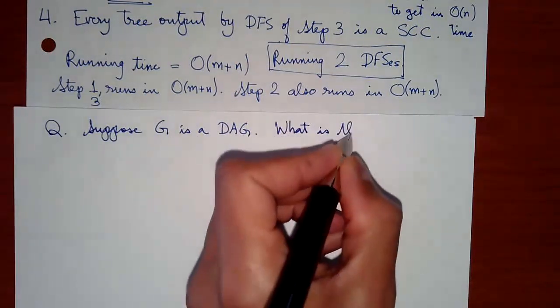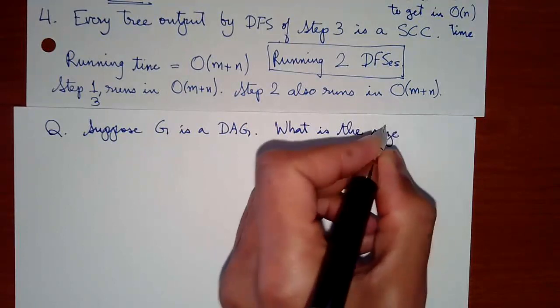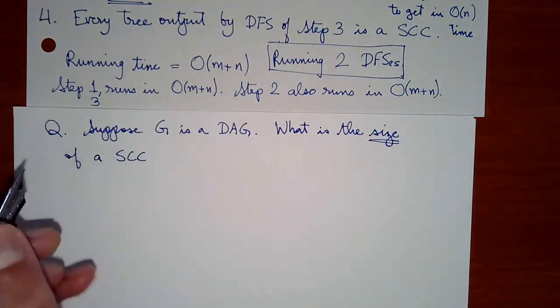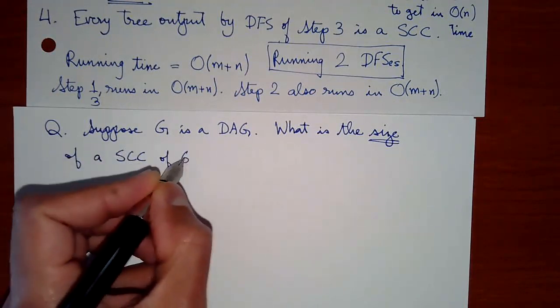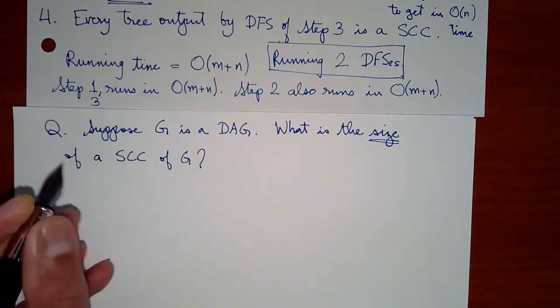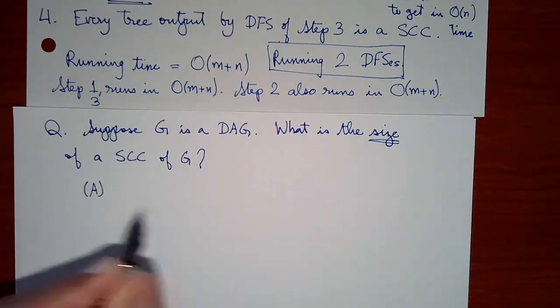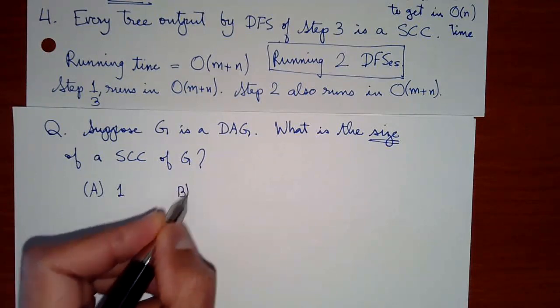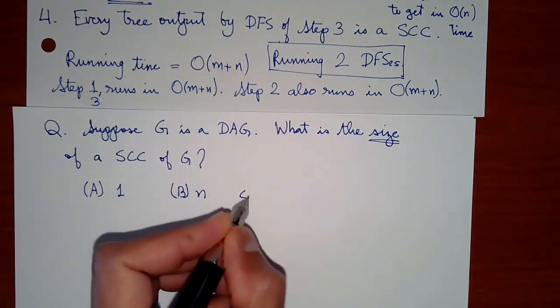What is the size of a strongly connected component of G? A, is it just 1? B, is it n?